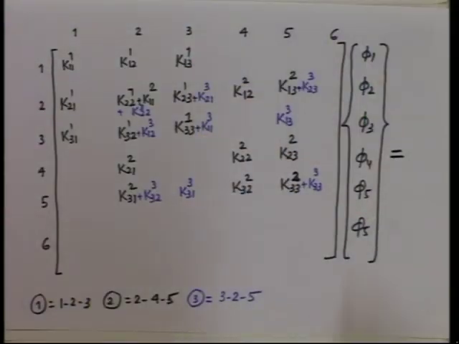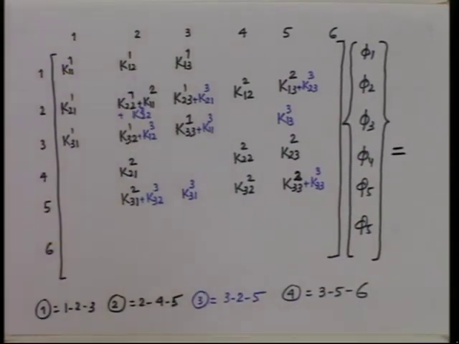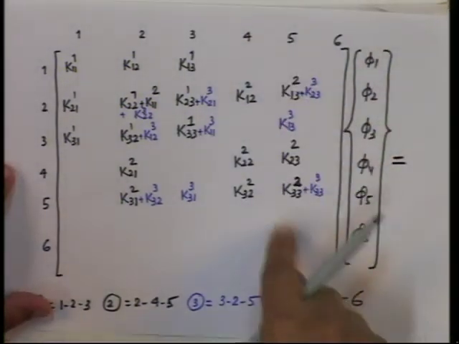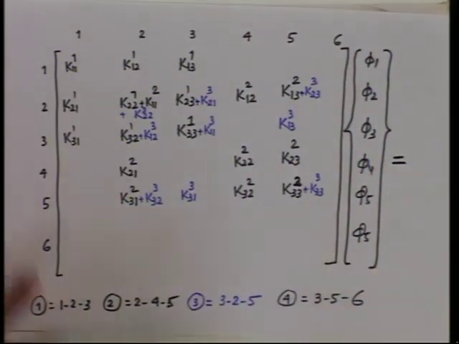Then the last element is the fourth element, element 4, which is 3 5 6. So, 3 5 and then 6 so far has been blank.